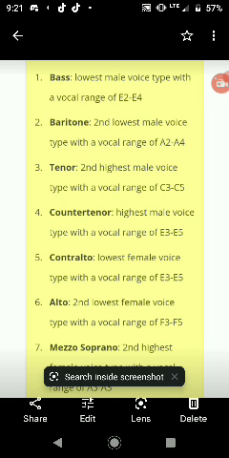But I think what's more interesting is the tessitura. If you pay attention to the tessitura of a bass, I believe it starts at A2 at the lowest. Someone like me, my tessitura starts at F3.